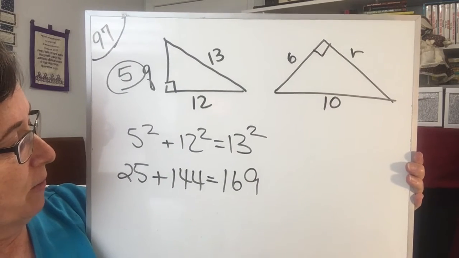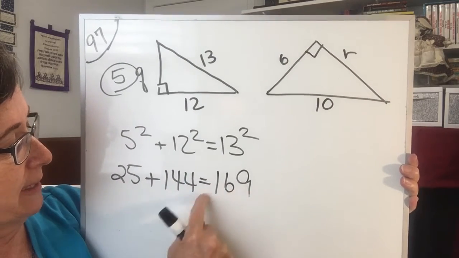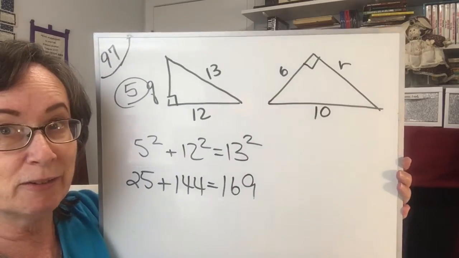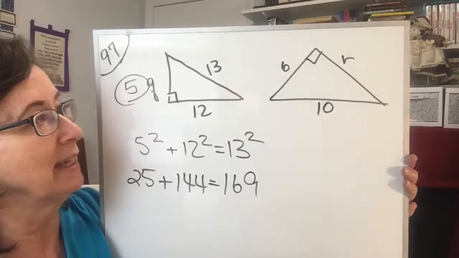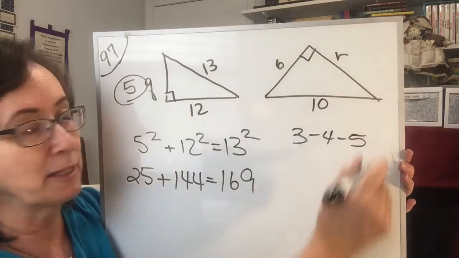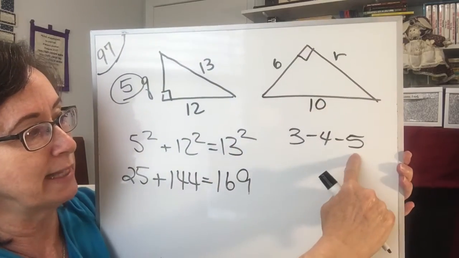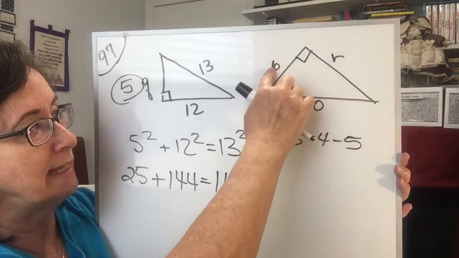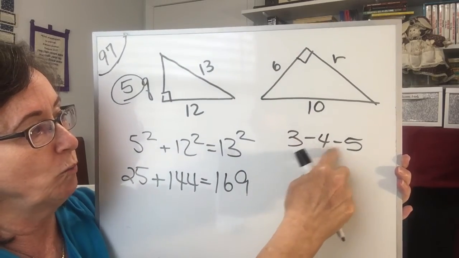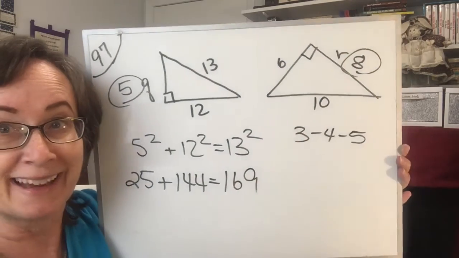So here we should by now recognize that 3, 4, 5 is a Pythagorean triple, and 10 is a hypotenuse that's double 5, and 6 is a leg that's double 3. So wouldn't the 4 doubled give us the correct side?